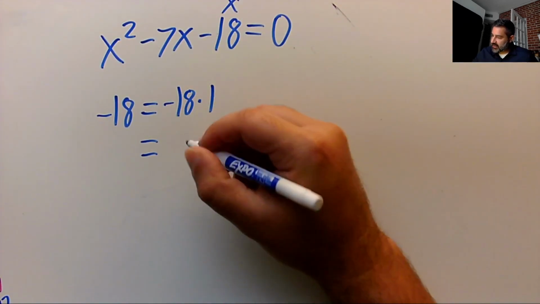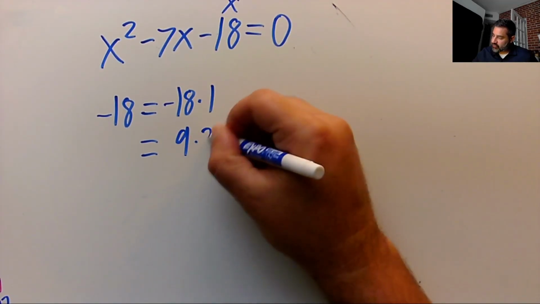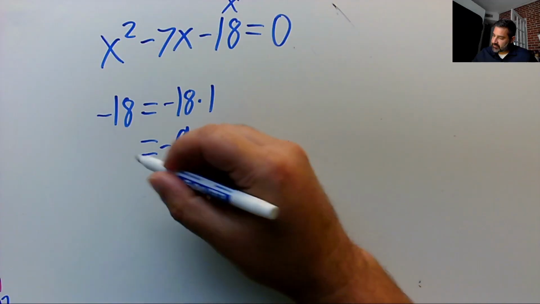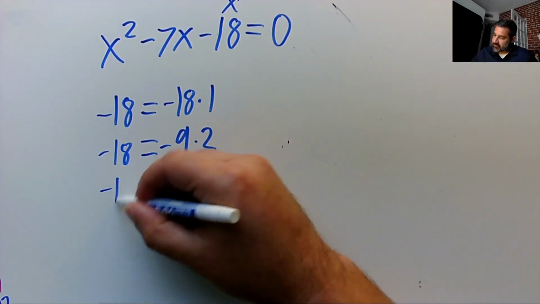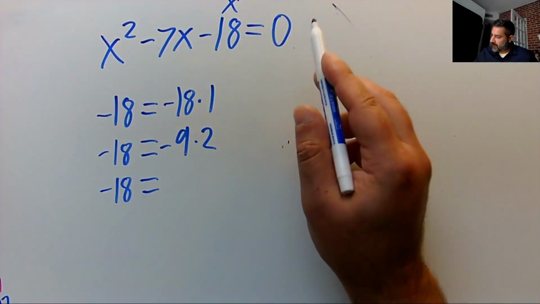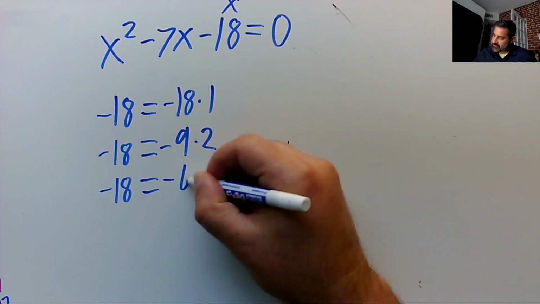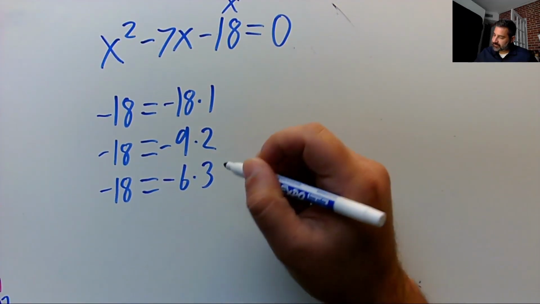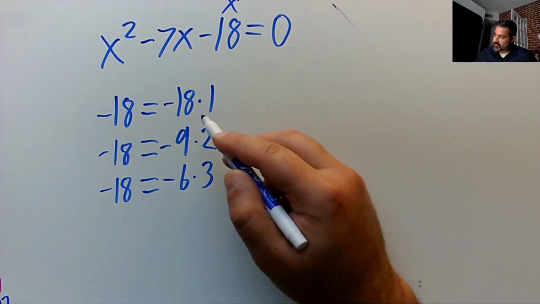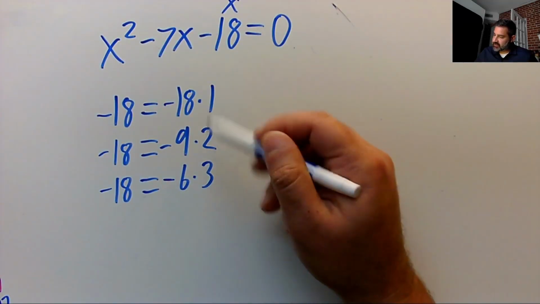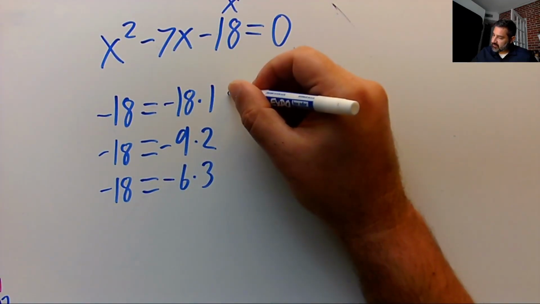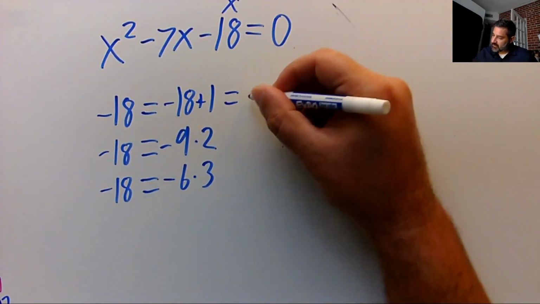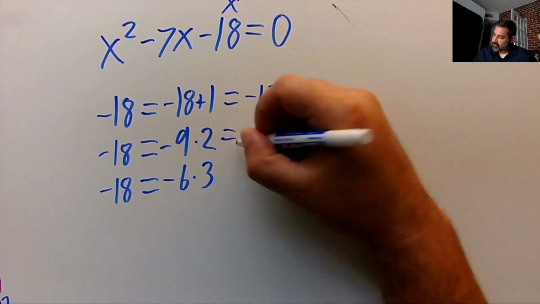Next we have 9 and 2. Negative 9 times 2 is negative 18. And we also have one more, negative 6 and 3. So now these three combinations multiply to negative 18. Let's add them up and see if any of them equal negative 7. Negative 17, nope.